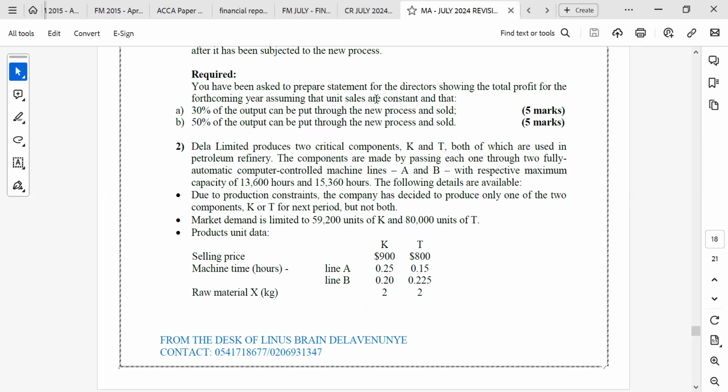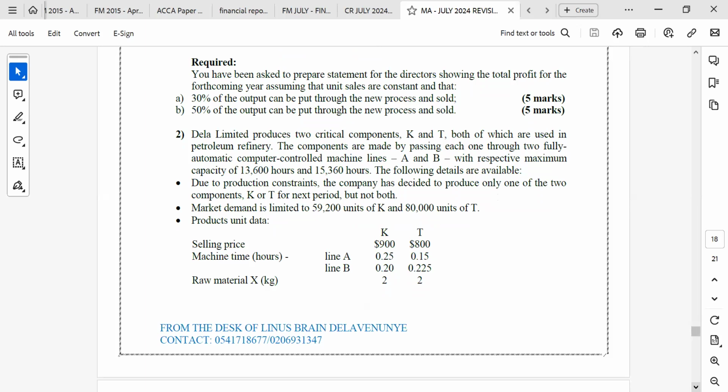Okay. Question number 2. Dela Limited produces two critical components, K and T, both of which are used in petroleum refinery. The components are made by passing each one through two fully automatic computer-controlled machine lines A and B with respective maximum capacity of 13,600 hours and 15,360 hours.